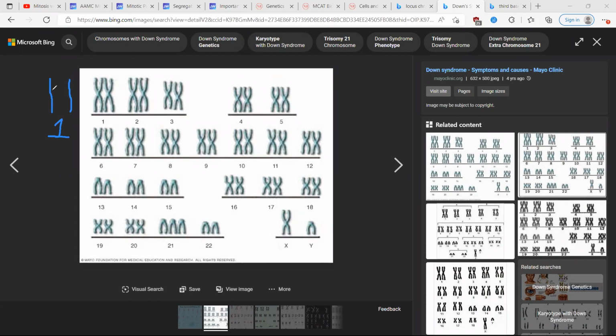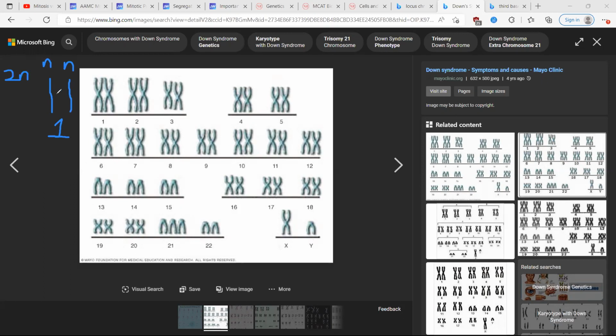These are their chromosomes. They have 2 number 1 chromosomes, one from mommy and one from dad. Also, the number of chromosomes that they have here now is 2n, because this is 1 set, and this is set 2. So then they have 2n.